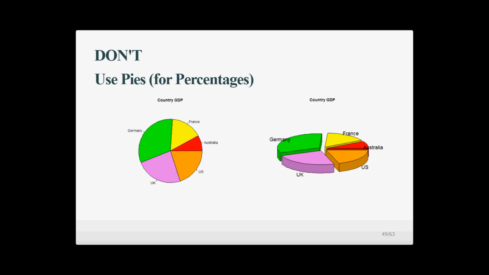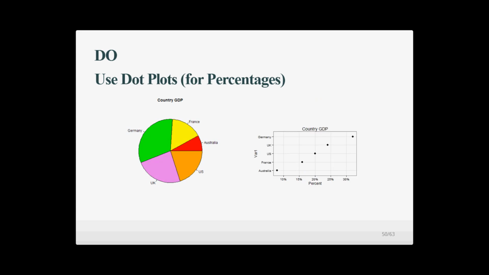Let's look at an example of a better way of displaying this. Here we have a Cleveland dot plot that displays the same information. Here it's much easier to tell the difference between the UK and the US, and we can see that the UK does have a larger percentage-wise GDP.